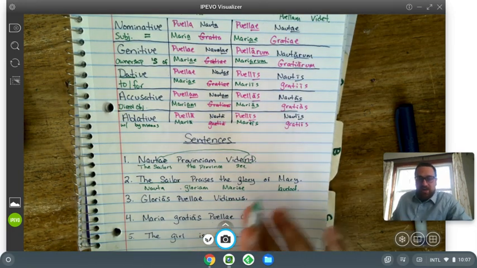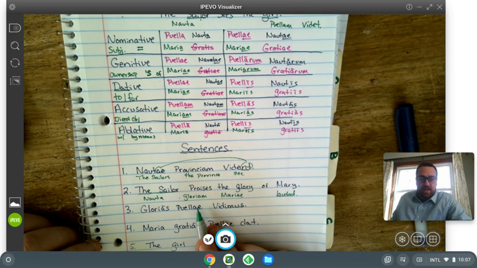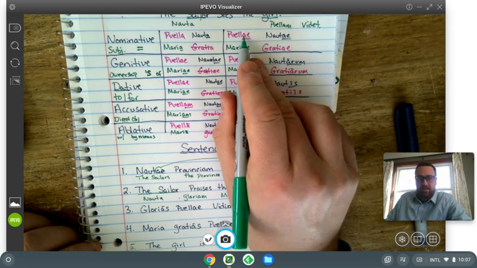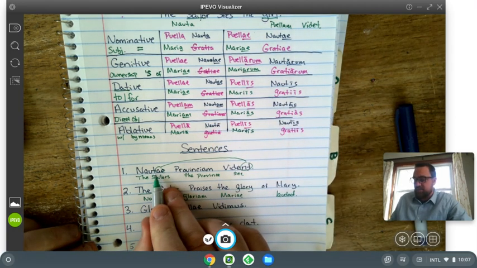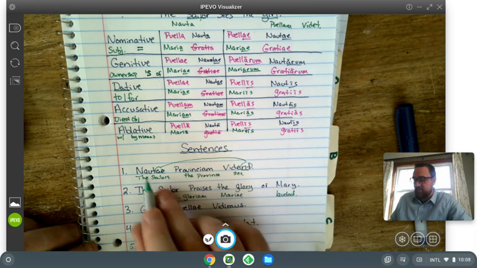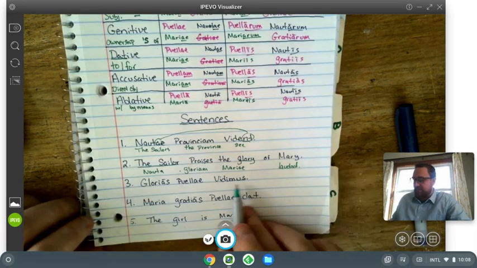Well, no, it can't, because if this was the nominative plural puellae, if we're talking about the girls, then our verb ending would be nt, just like when we were saying the sailors see, our verb would have an nt ending. But it has an imus ending.